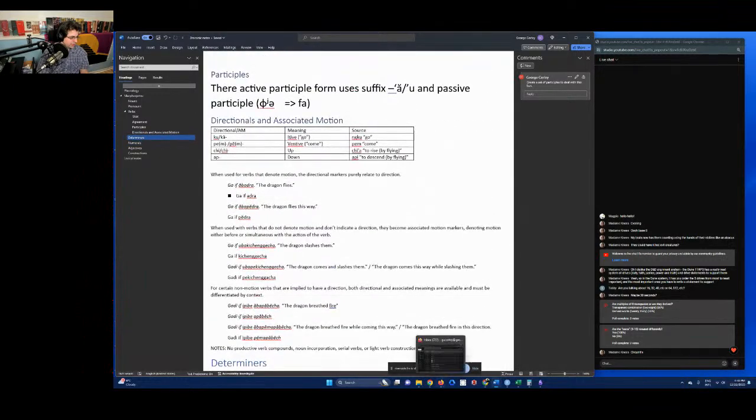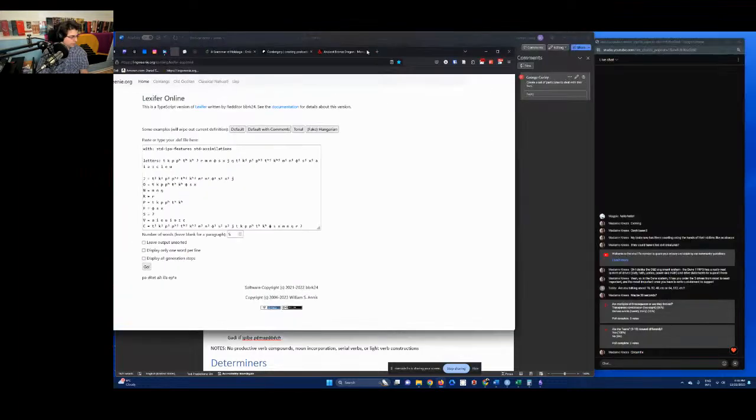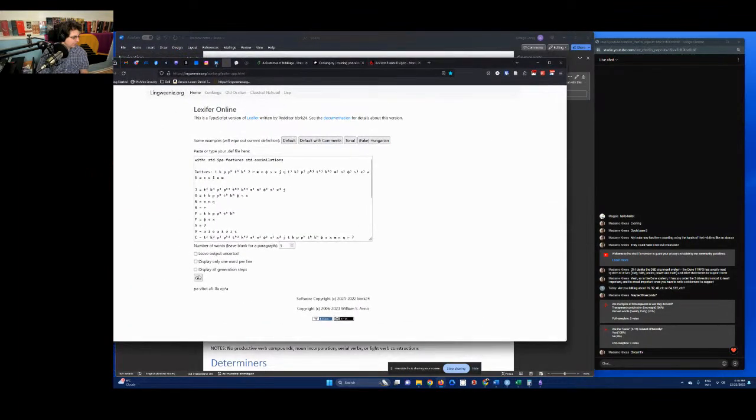I'll let you guys decide what the form of the prefix exactly is by doing what we've done before. And we're going to generate 5 lexifers. I'm going to say no to this one.